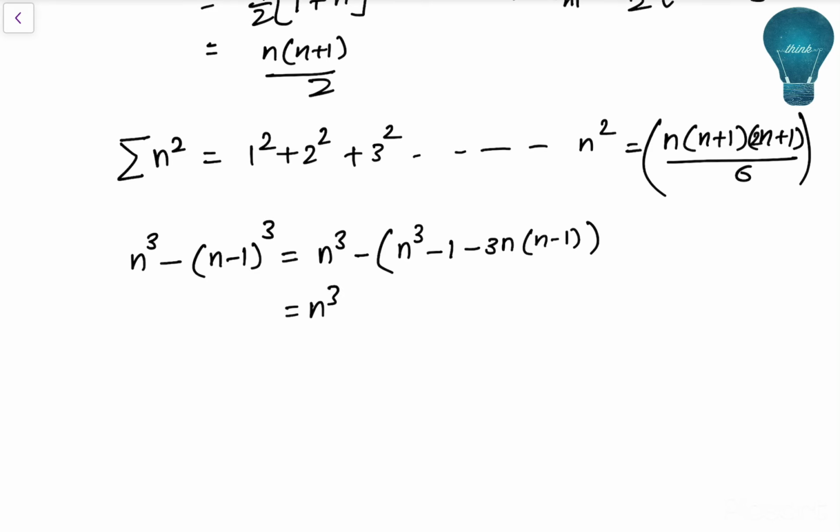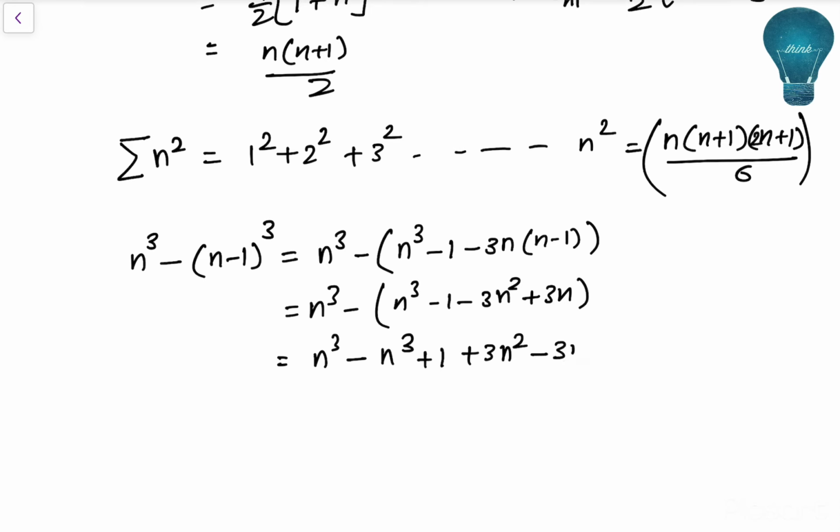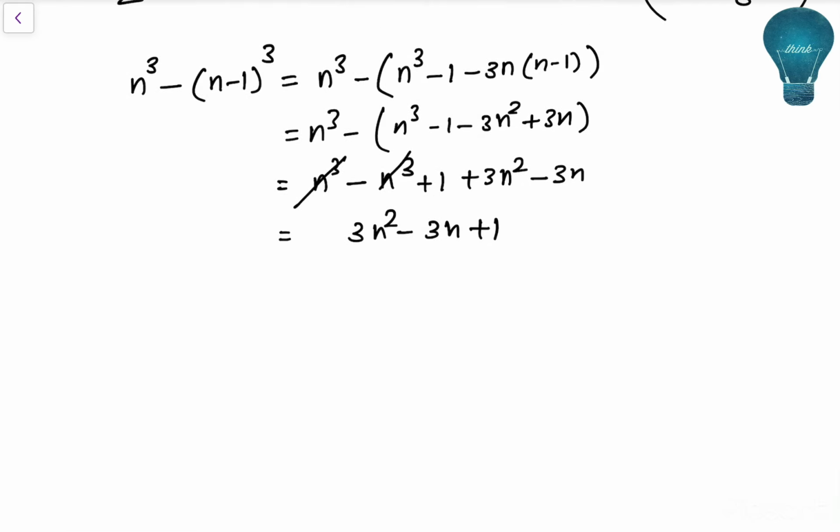If we expand it, we get n cube minus 1 minus 3n square plus 3n, which is n cube minus n cube plus 1 plus 3n square minus 3n. Here n cube and n cube get cancelled out. We get 3n square minus 3n plus 1. So this is the result of n cube minus (n minus 1) whole cube. But we didn't get the answer of sigma n square here.